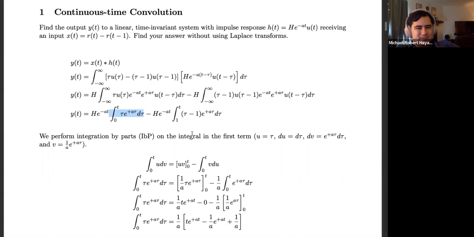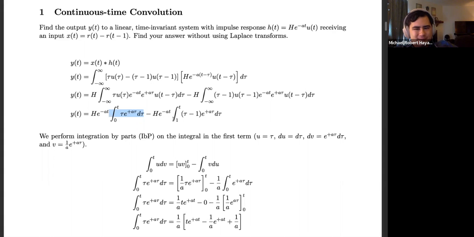So we will say u is equal to tau, and dv is equal to e to the plus a tau d tau. For those who can't remember, there's the LIATE rule for choosing which thing you want to differentiate. There's also the DETAIL rule for choosing what you want to integrate. Those are acronyms, by the way.